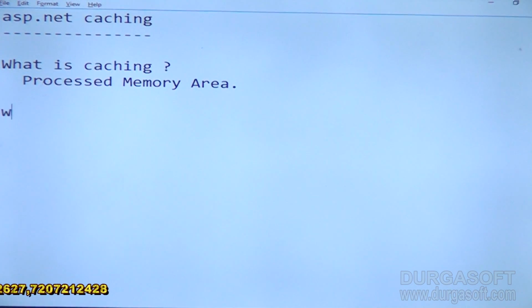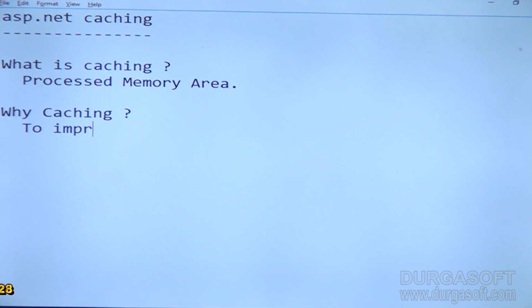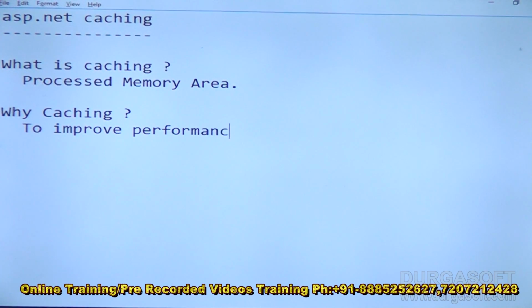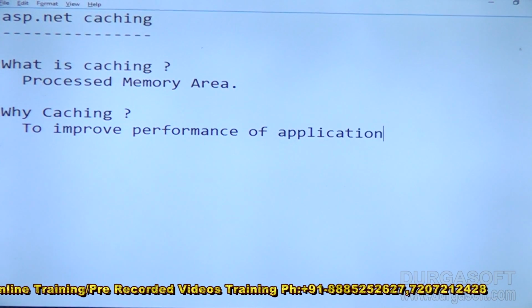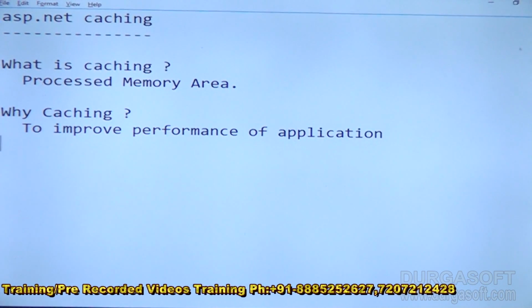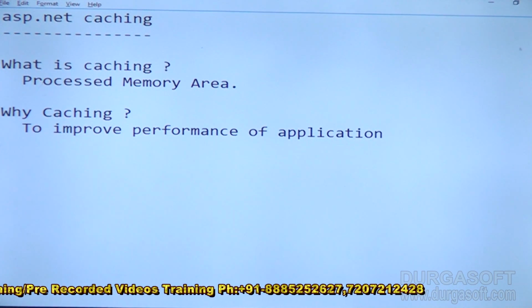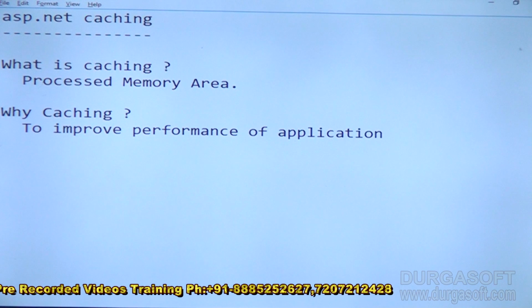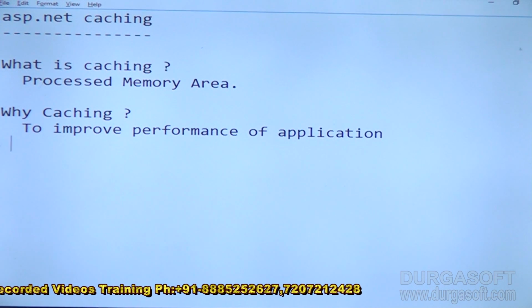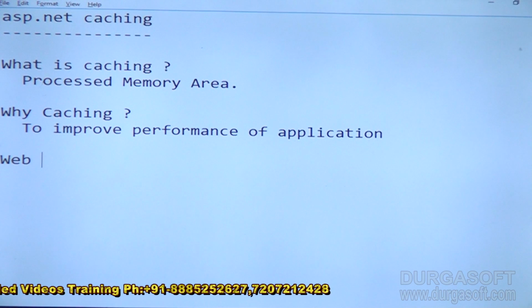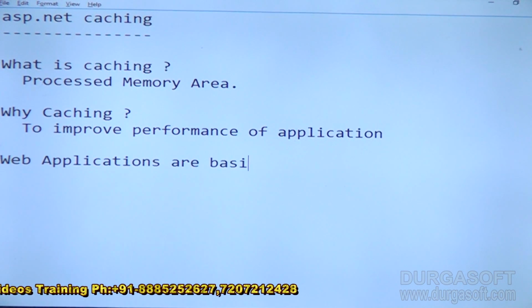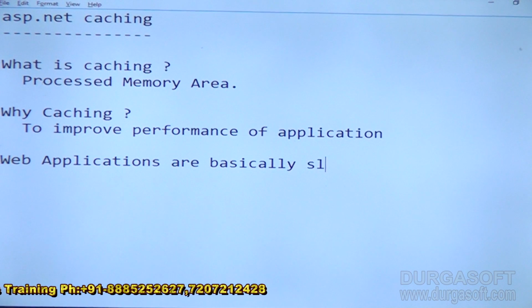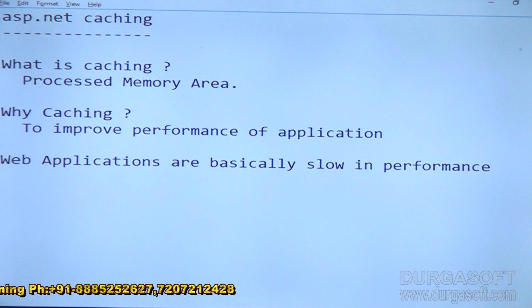And why caching? Why we require caching is simple. Anybody will go for caching to improve the performance of an application. When you want to improve the performance of an application, then you will go for caching. And remember, web applications are basically slow in performance, all right?